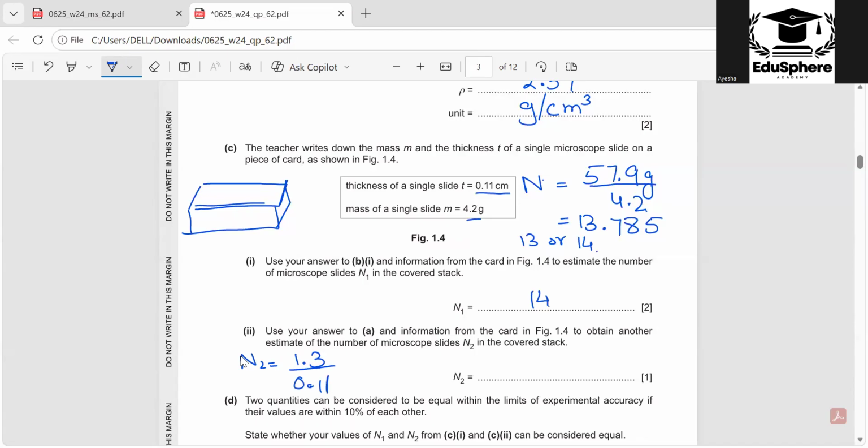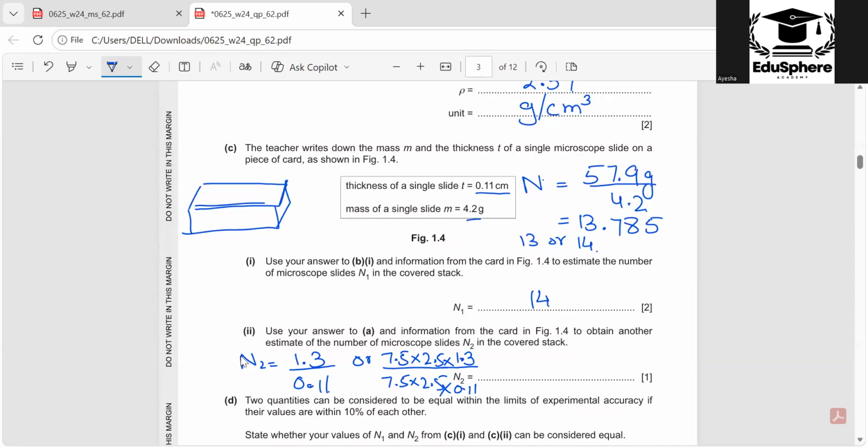Or in another way, we can take the volume of all the slides, where the length and width will be the same, divided by the volume of one slide, where again the length and width will be the same. So it will be like this: the length was 7.5 times the width 2.5 times the height or thickness 1.3, divided by 7.5 times 2.5 times 0.11.